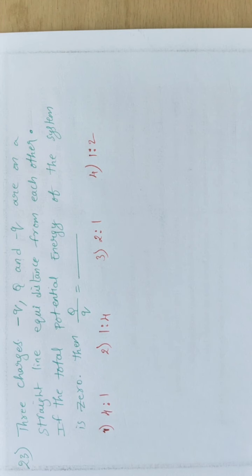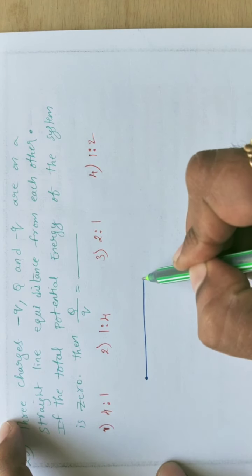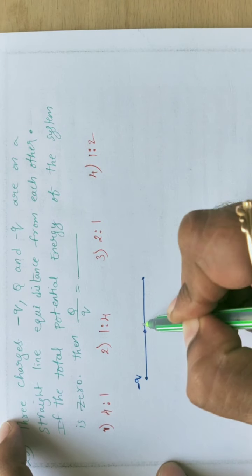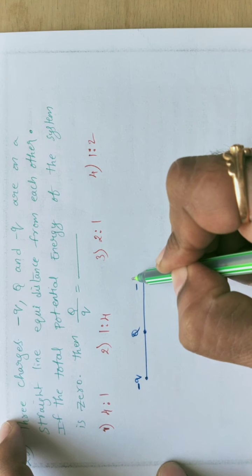See students, here the problem is: three charges minus q, Q and minus q are on a straight line and equidistant from each other. If the total potential energy of the system is 0, then what is q by Q equal to? For example, imagine this is a straight line. Here minus q is given, here Q is given and here minus q is given.